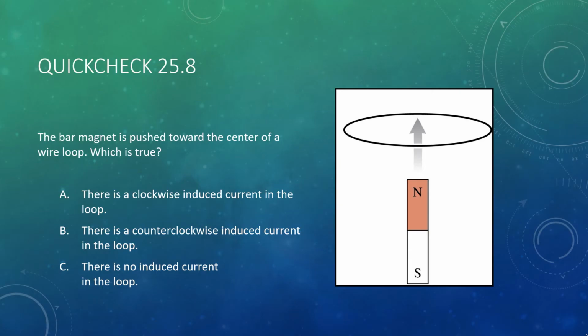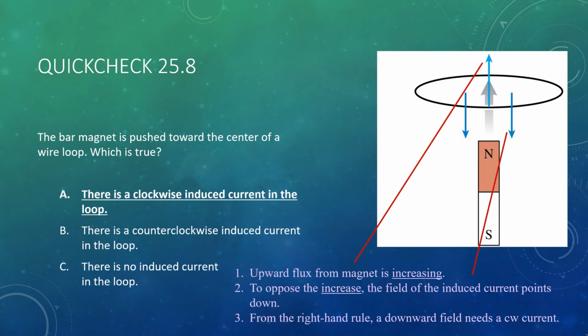Here's the first one. The bar magnet is pushed toward the center of the wire loop. Which of these options is true? Okay. In this case, we are moving it toward the loop, which means the flux will be increasing. So we are increasing the strength of the field because we're pushing it closer.